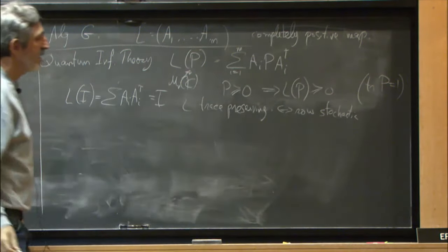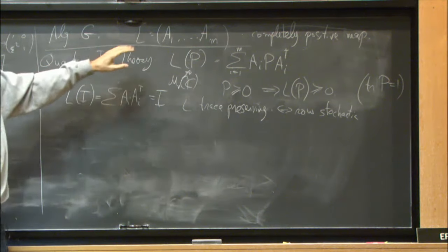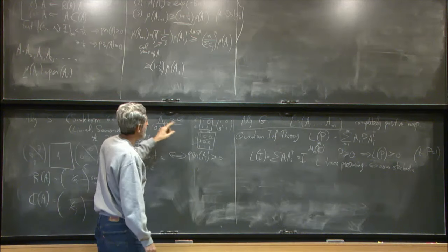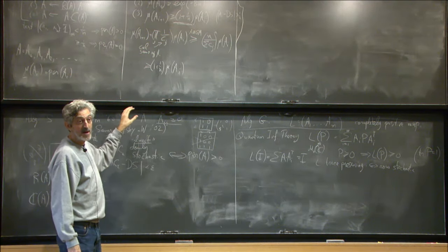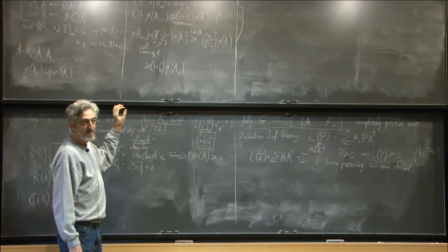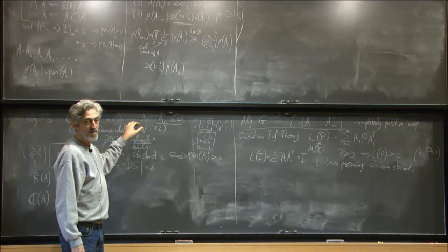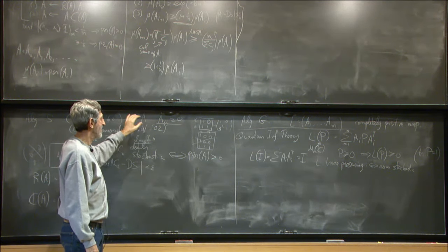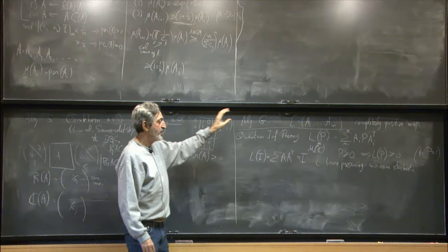If you wonder about the analogy between classical and quantum, how is the classical case a special case of this? It is a special case if you take the matrix A and convert it to n diagonal matrices whose diagonals are the different rows. You make n diagonal matrices, which are the original rows of A, and put them here.